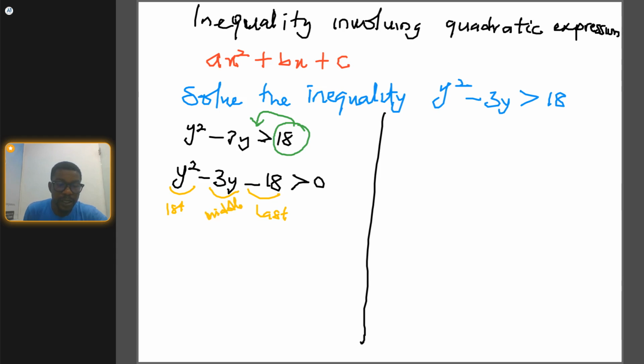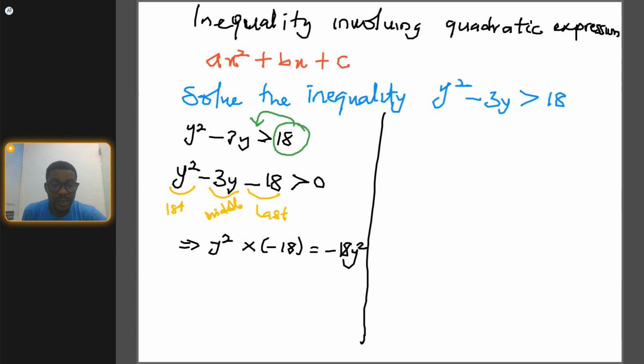So I need to take the product of the first and last term, which is y squared times minus 18, and that is minus 18y squared. Now let's get the factors of 18y squared.